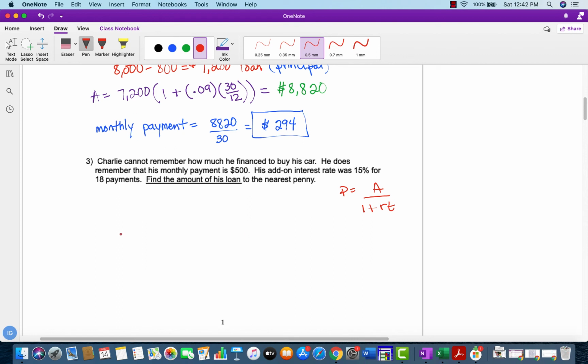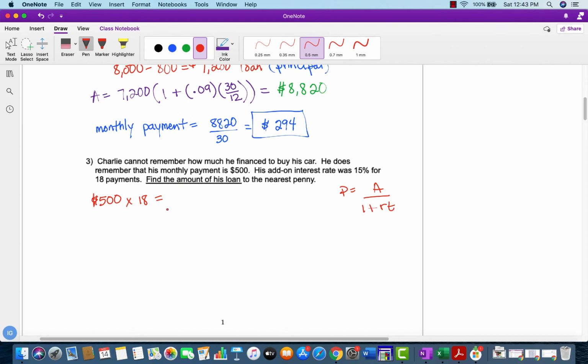So let's start with the monthly payment. We know the monthly payment was $500, and he gave the payment for 18 months. So I want to know how much was the amount. This will give me A, basically.